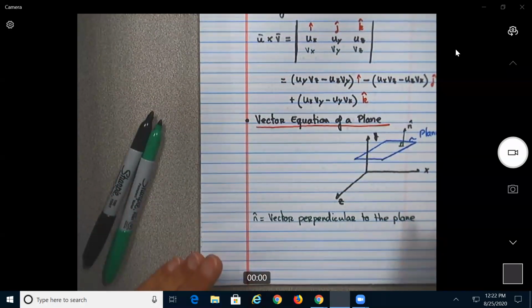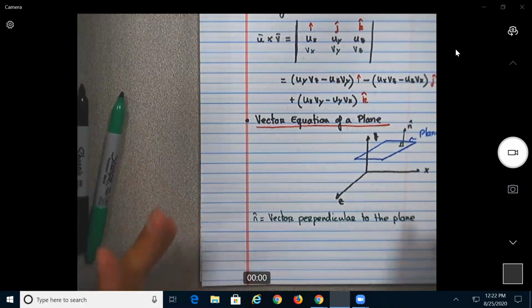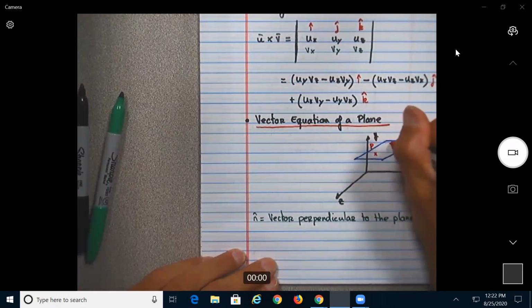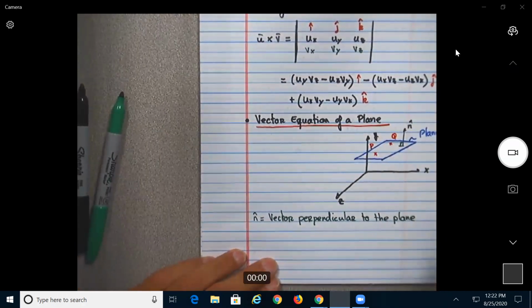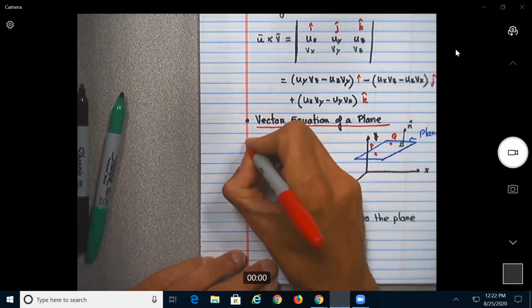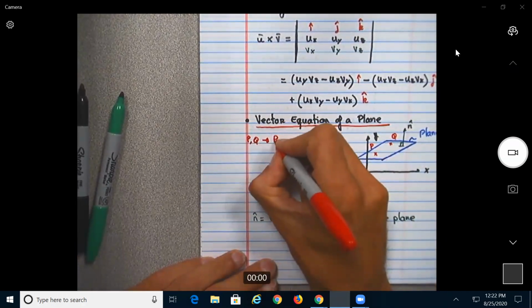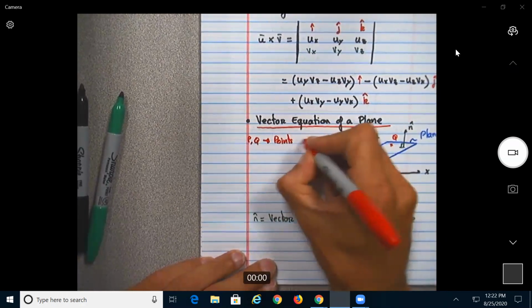And now let's say that we have 2 points on the plane, P and Q. So P and Q are points on the plane.